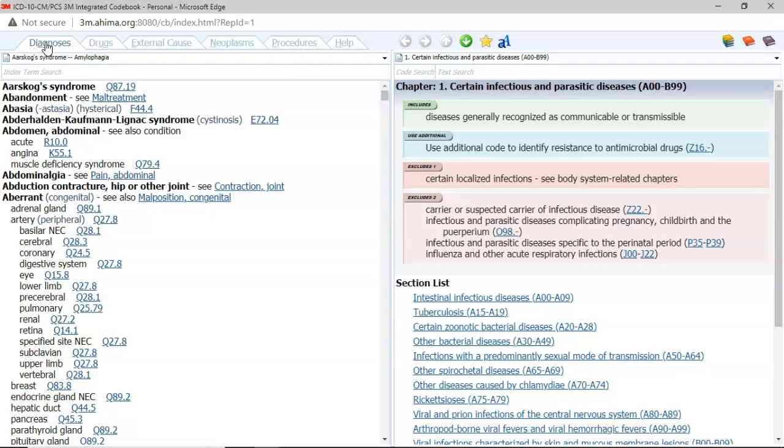And we're also going to assign the code Z33.2, encounter for elective termination of pregnancy. This advice is appropriate even when a patient was discharged previously with a diagnosis of a complete abortion.